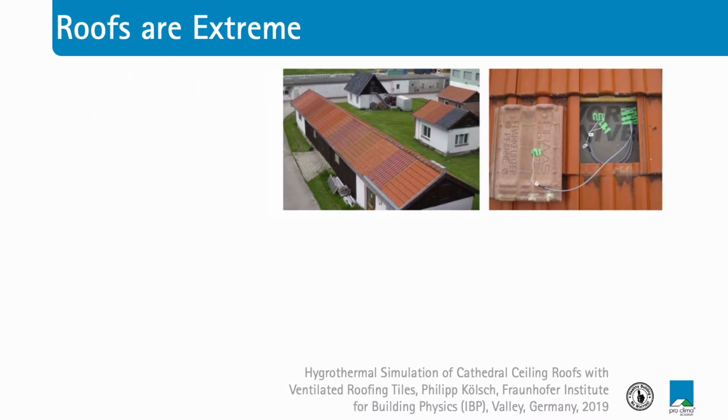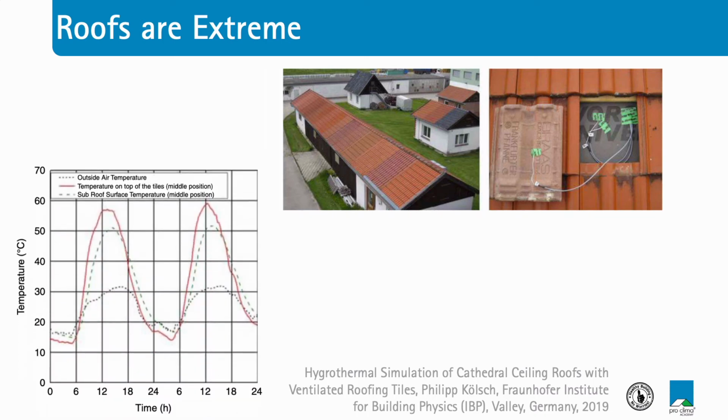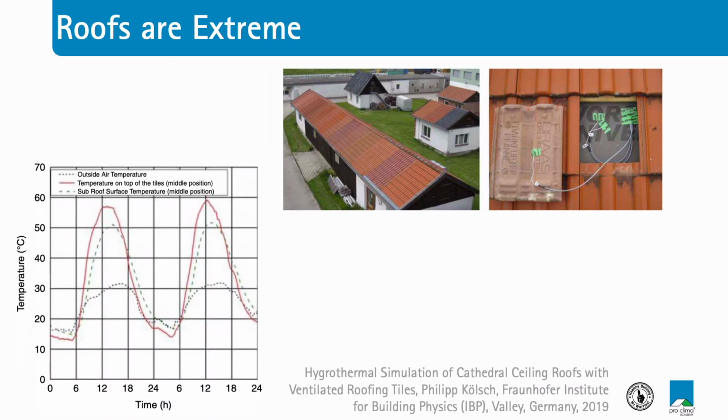So one of the things to note here is that the data emphasizes just how extreme the conditions are in roofs. So this is a little plot of ambient temperature matched up with data from inside that roof in the same time period. Firstly, this looks like it was taken in summertime. Again, this is from Fraunhofer in Germany.